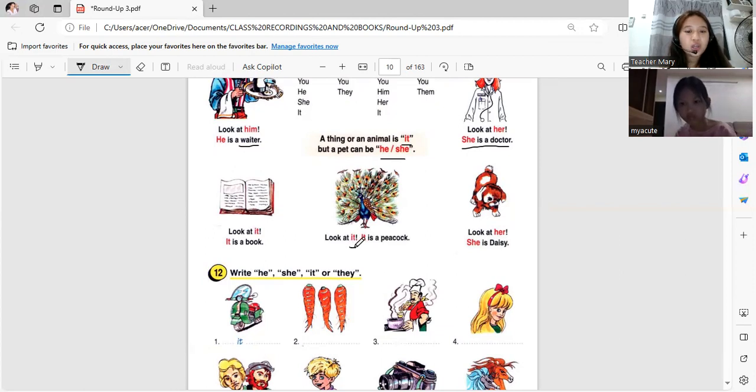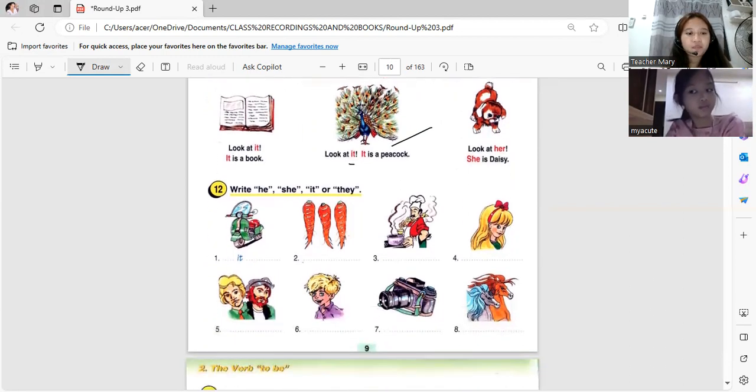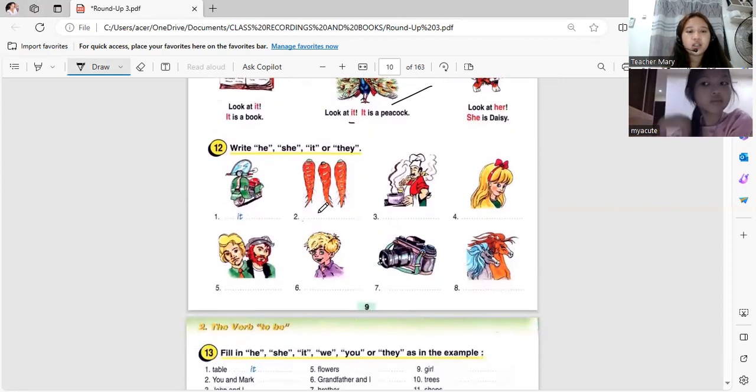It is used here because it is an animal. Okay, for this one, there's an example here.